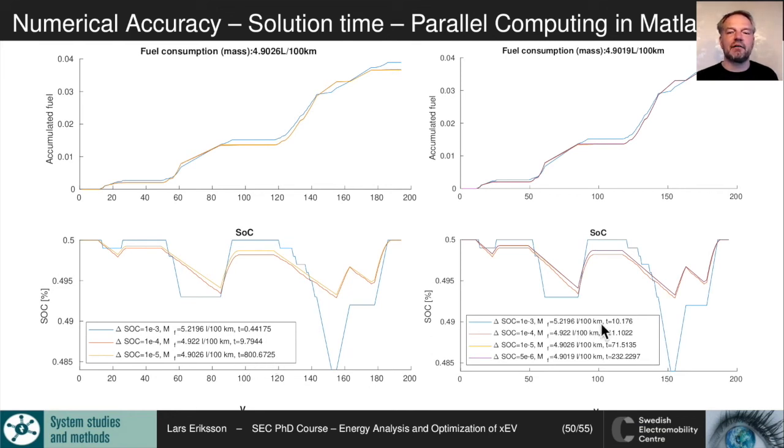And if we use parallel computing, so we use parallel for loops inside the solver, we can actually get a little bit better in terms of the time. So with parallel computations here, I'm using my server that has 12 cores, so I'm getting 71 seconds to solve this problem.